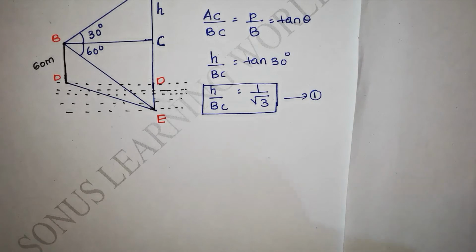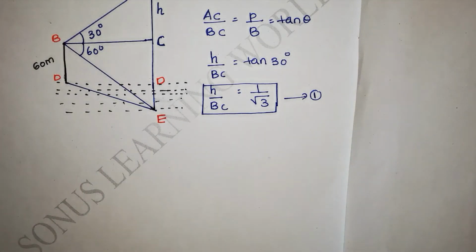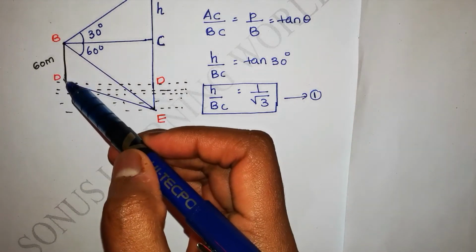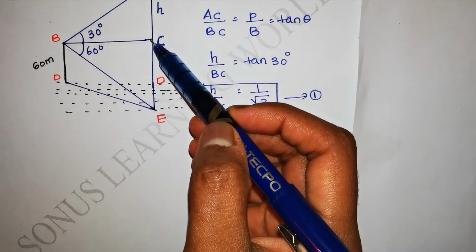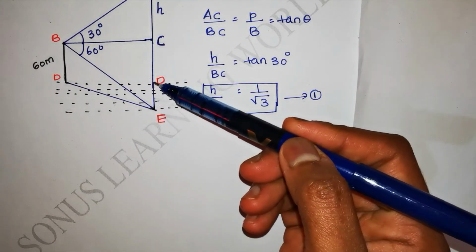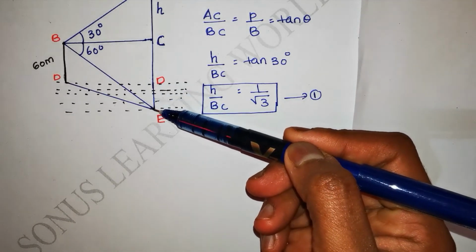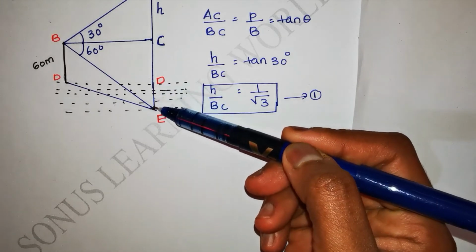Okay students. Before we take the triangle BCE, let me tell you something students. This much distance is 60, and this is H. This distance means the point where the shadow is formed at the bottom of the river from the surface of the river.